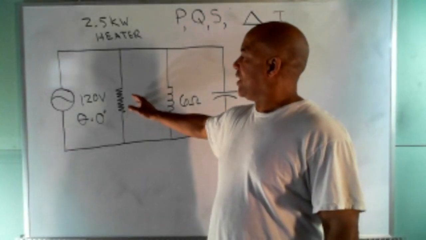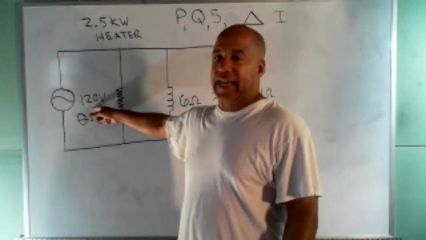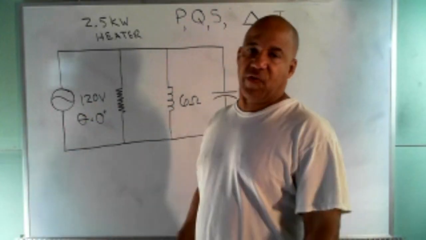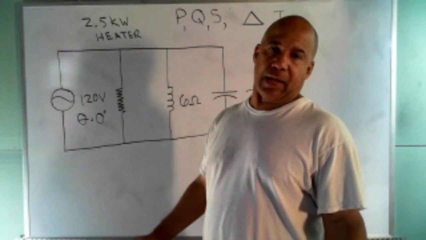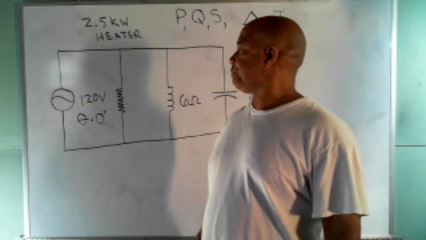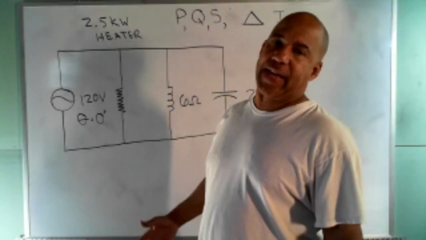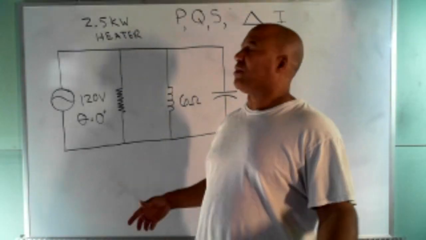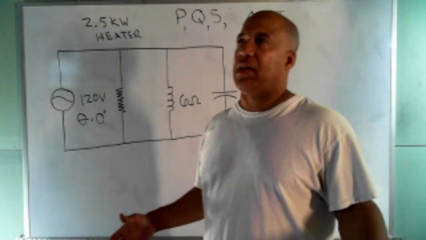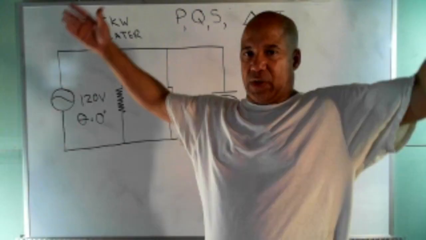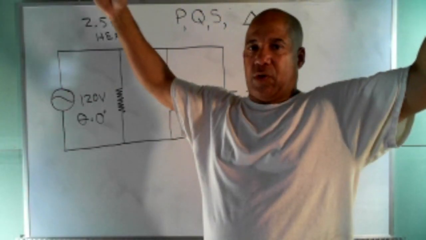So this has 120 volts AC, which you know is the voltage for your wall outlet in the United States. This resistive load is a 2.5 kilowatt heater. So maybe it's a factory or commercial property where you have one of those big heaters as you walk through the door that blows out the heat.